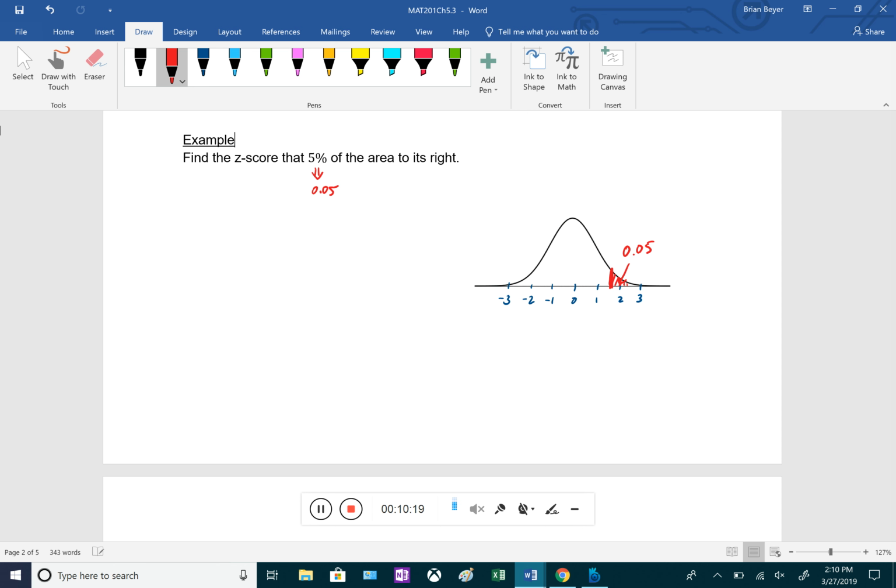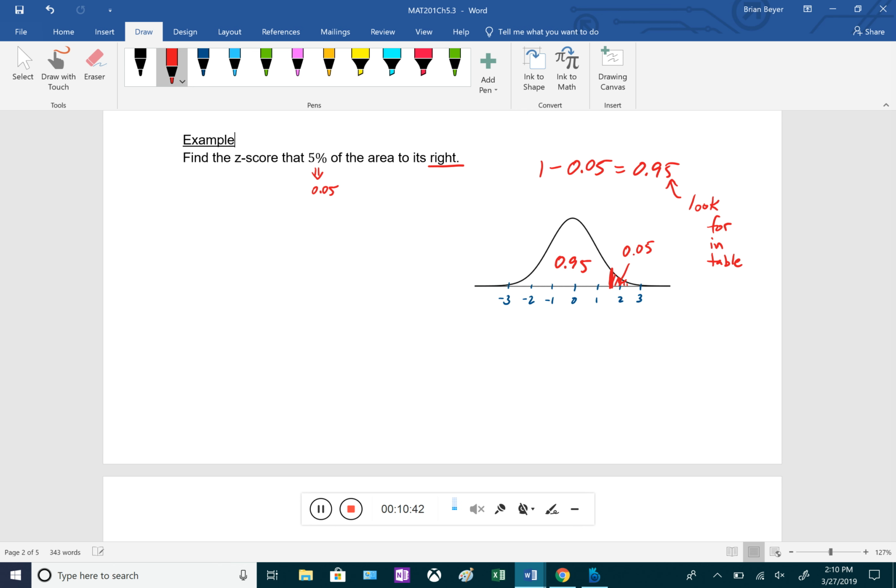So since that's an area to the right, in order to use a table, we need to use an area to the left. So finding the area to the left, we're going to do 1 minus 0.05, which is 0.95. So that is going to be the value we look for in the table.